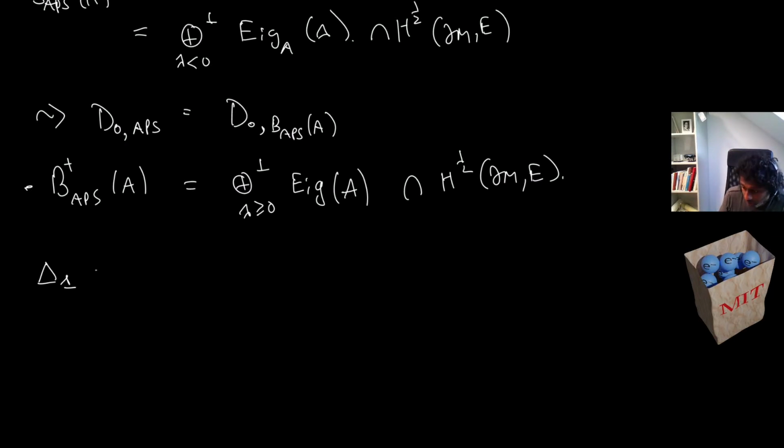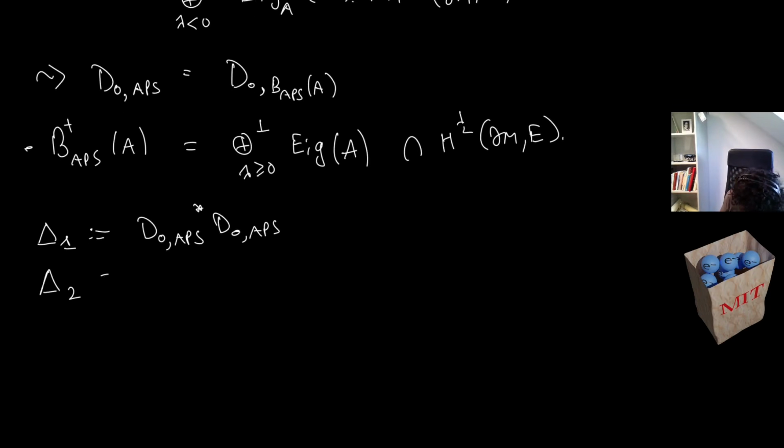Now we recall we considered the two Laplacians. So the first Laplacian was where we look at d naught APS star d naught APS. And then the second Laplacian we defined was d naught APS d naught APS star. So actually the reason that we consider these two Laplacians is, I hope that you have covered some index theory at some point. So if you're looking at the index theorem for the non-boundary case, typically one considers these two Laplacians and compares the difference between these Laplacians to obtain an index formula, right?